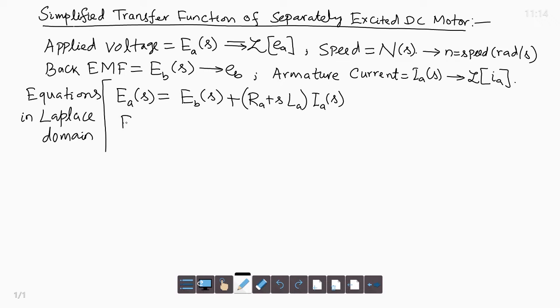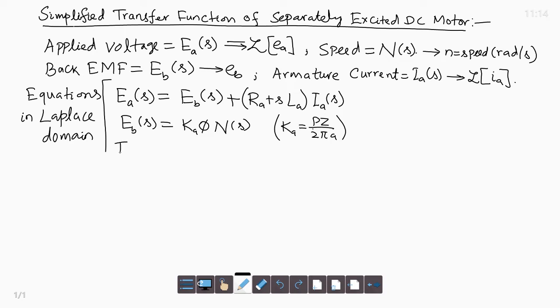And what is back EMF? EB(s) is Ka phi into N(s), where Ka is a constant, that is PZ by 2 pi A. P is the number of poles, Z is the number of conductors, A is the number of parallel paths.